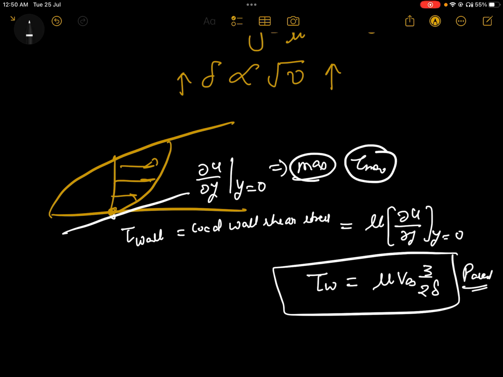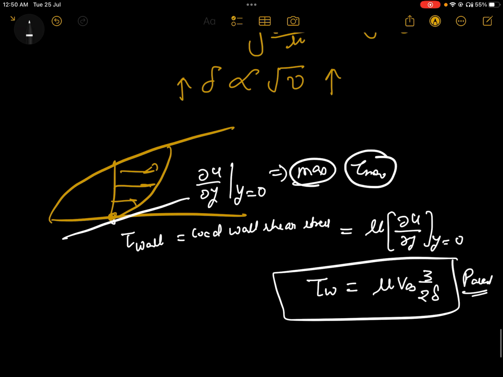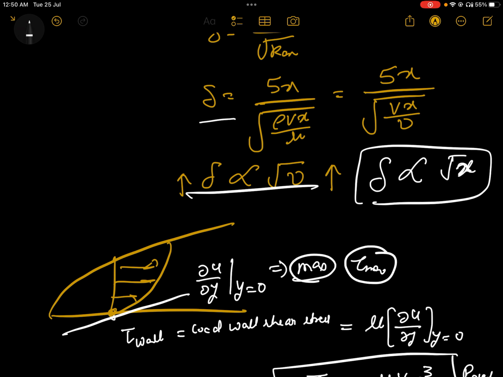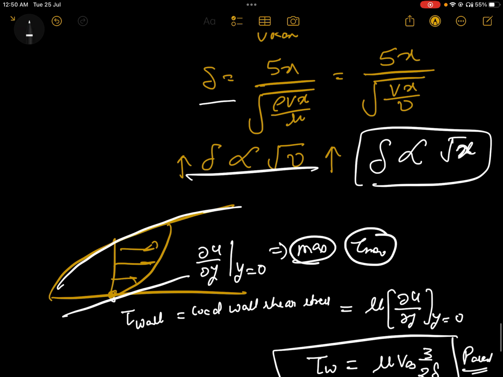So the wall shear stress physically indicates the frictional drag or the drag force exerted by the fluid on the flat plate. And from that delta equation, we can see that delta is directly proportional to square root of x. Like this profile is actually the parabolic profile. This is following the root x profile.